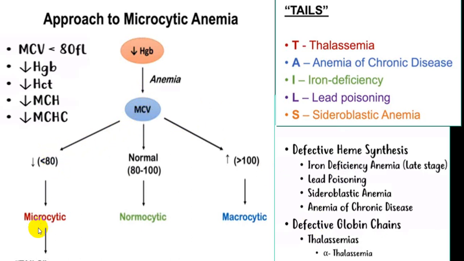Less than 80 we call microcytic, if MCV remains the same we call it normocytic, and if MCV is high we call it macrocytic. If there is decreased hemoglobin synthesis, invariably it will end up in what we call the microcytic group, and these are the two groups which will give rise to it. So you can remember either by TALES or by two groups, that is heme synthesis and globin synthesis.